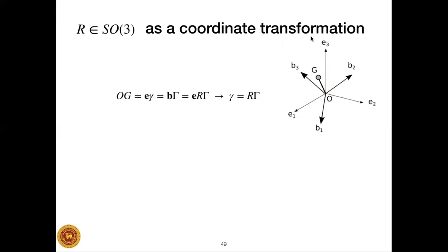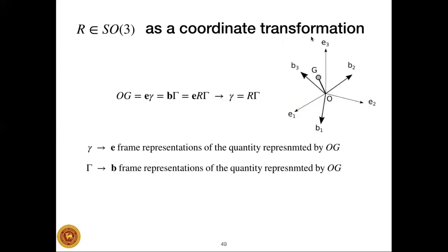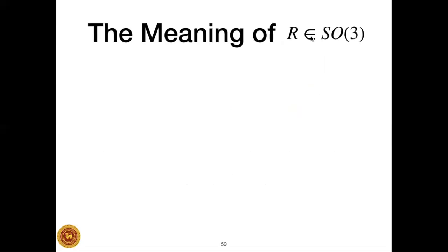So this tells you that R can also be thought of as a coordinate transformation. So you have E frame coordinates, you have B frame coordinates. This is the E frame coordinate, that's the B frame coordinates. So the B frame coordinates are related to the E frame coordinates through this relationship where R is the rotation matrix that relates B to E. So that's a third interpretation that we have seen of R.